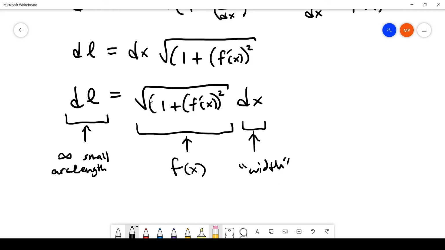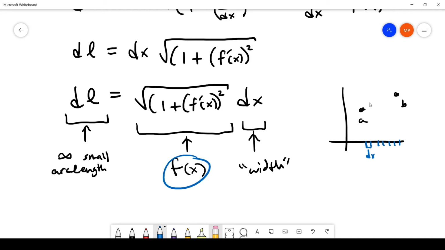And so what we're in essence going to be doing is going from A to B, traversing along very fine increments of size dx, following this function f of x, and creating this infinitely small line here.